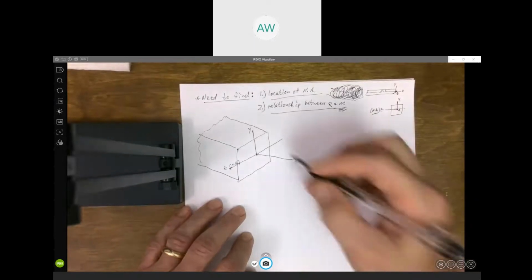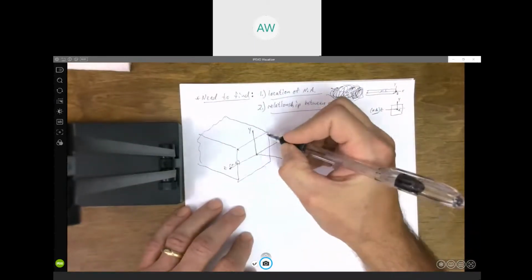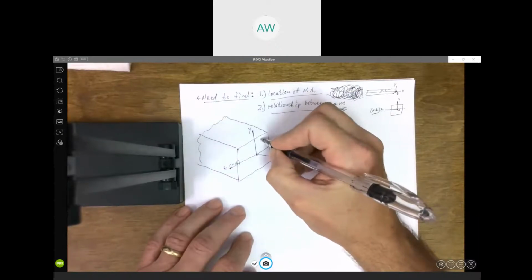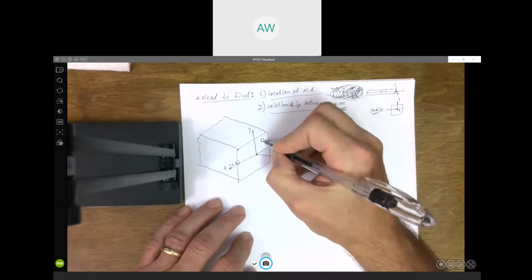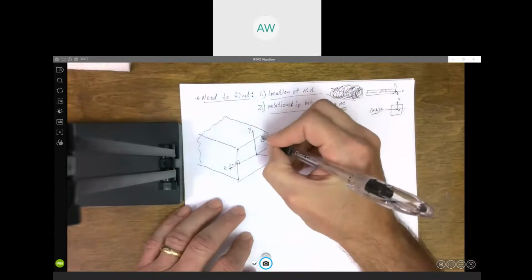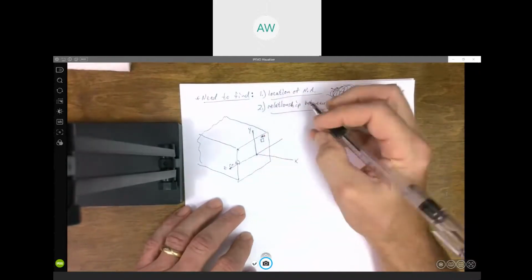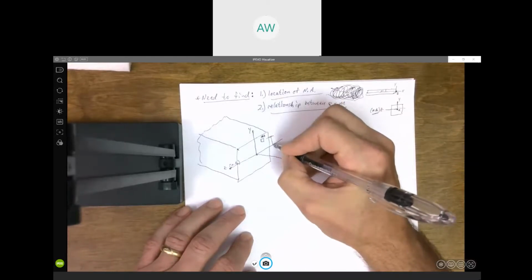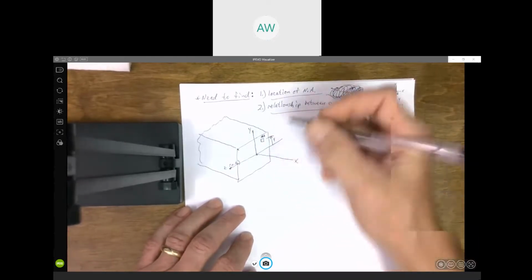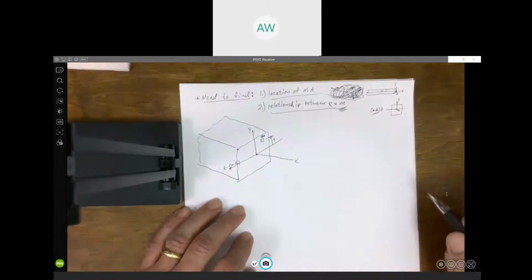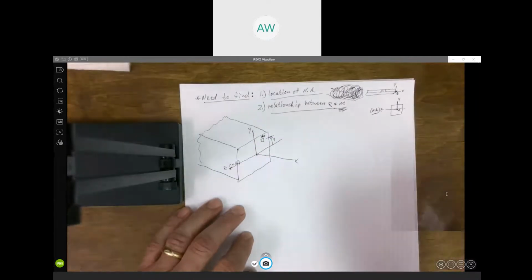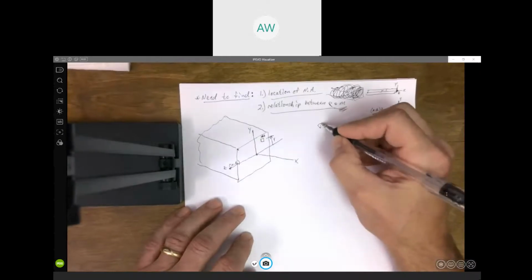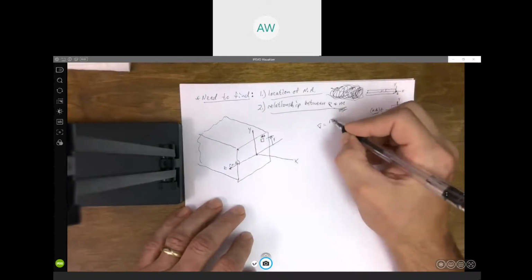Now, I'm going to break this up into infinitely many little bitty rectangular areas, little differential area I'll call dA. That little differential area is going to be some distance y away from the neutral axis. Let's go back and use one of the first formulas we came up with.